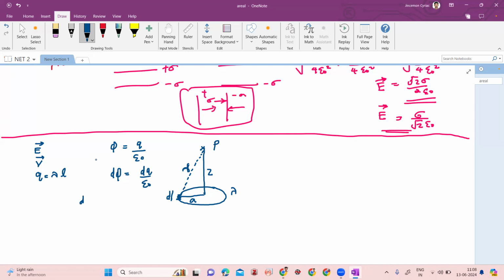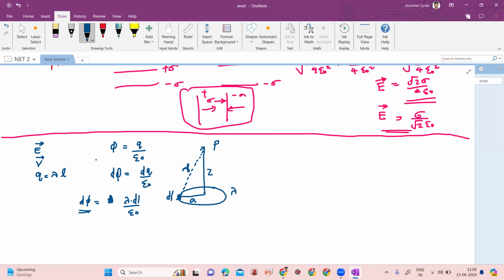So d phi is equal to lambda into dl by epsilon 0. Now, the change due to this lambda dl of a circular ring.